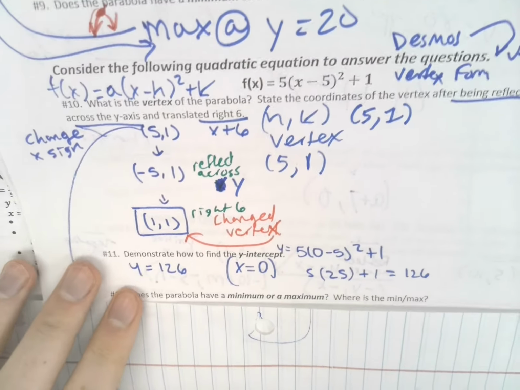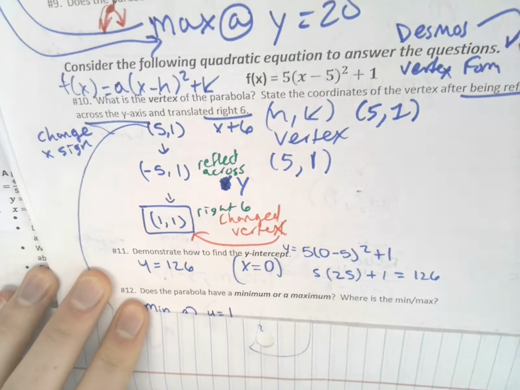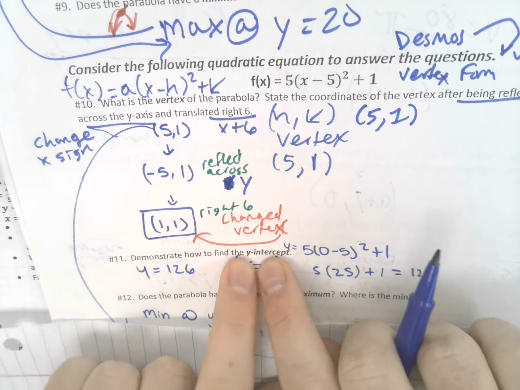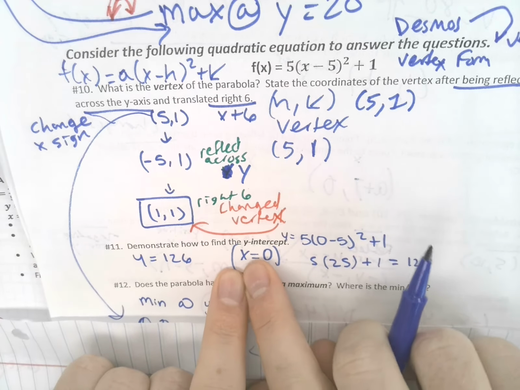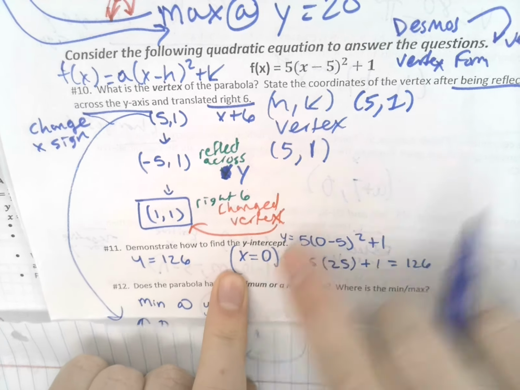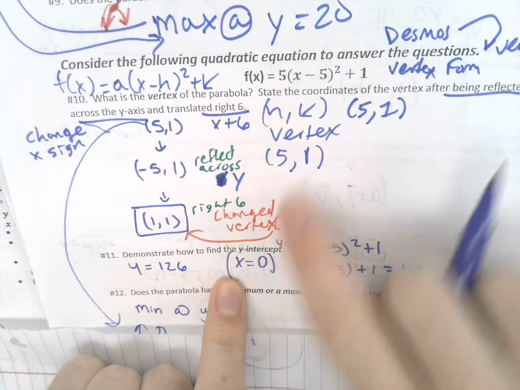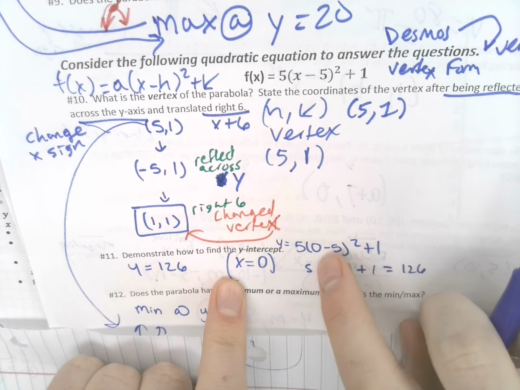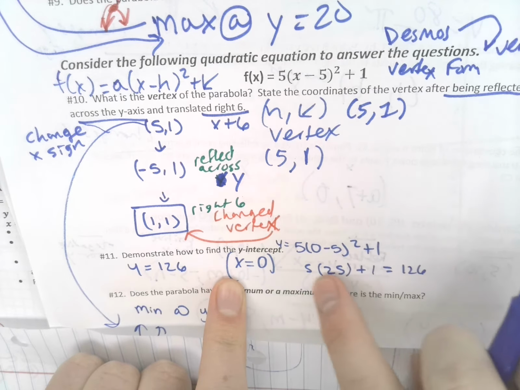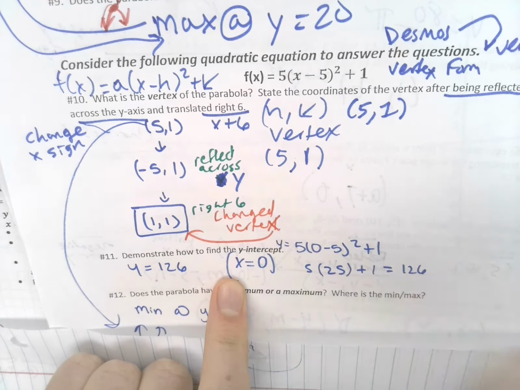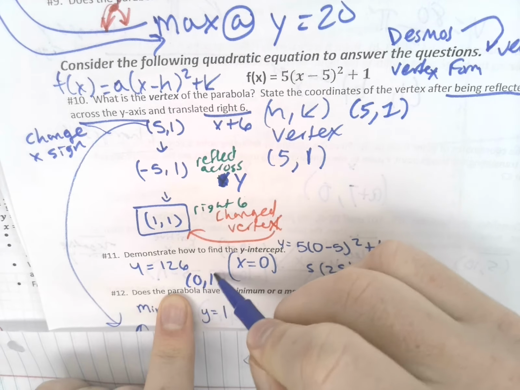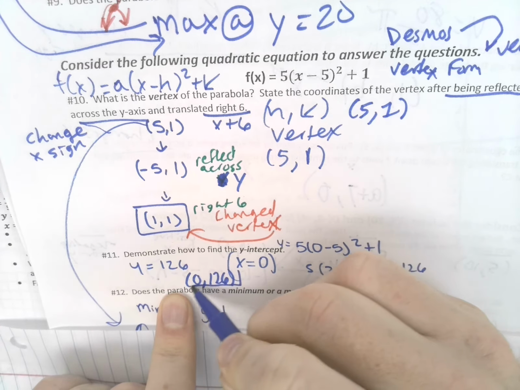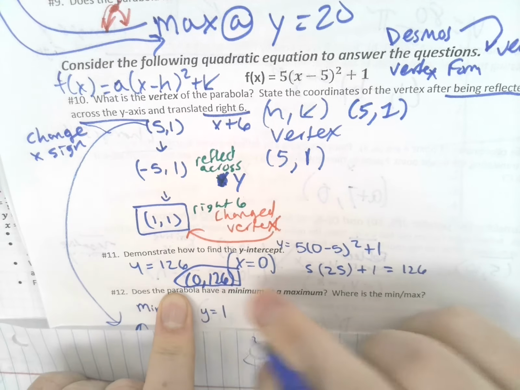And finally, last 2 things here. This is the only tricky part about vertex form. If you want to find the y-intercept, we know we're going to make x 0. You're going to plug that in for x. So 0 goes into x. See that here? You work that out, you end up getting 126. So there's your y-intercept.